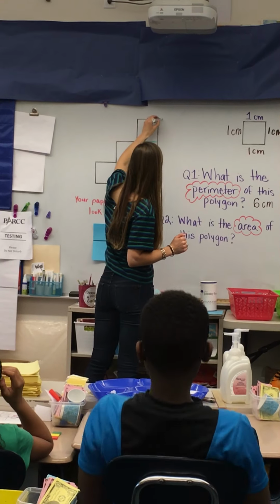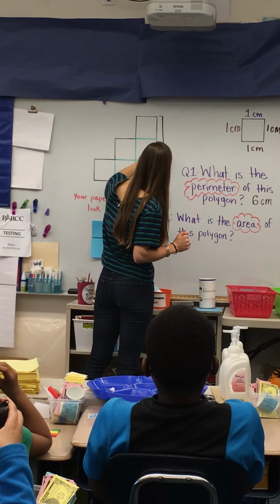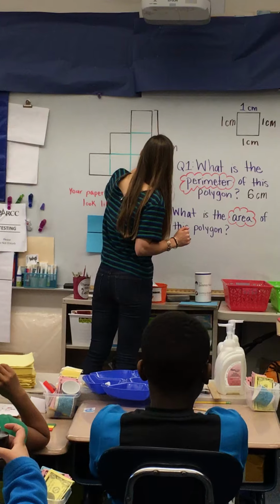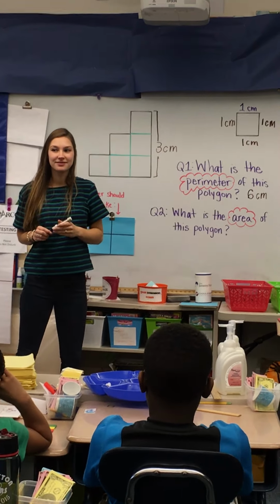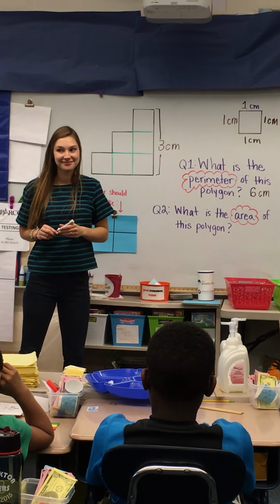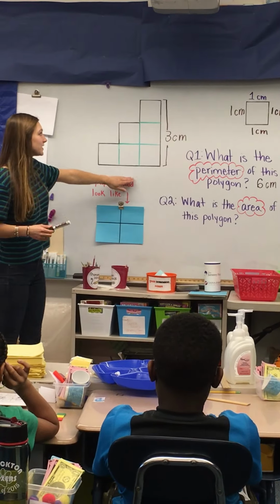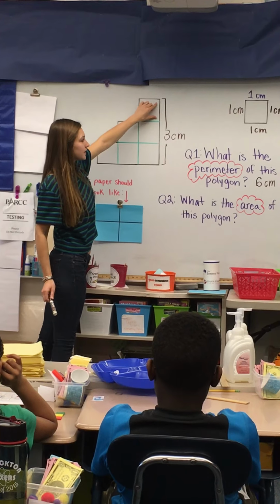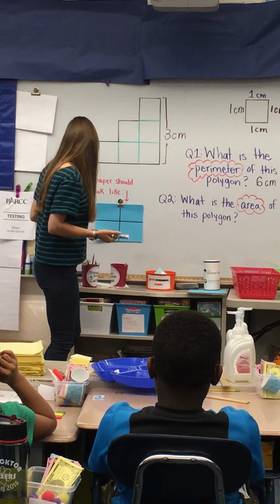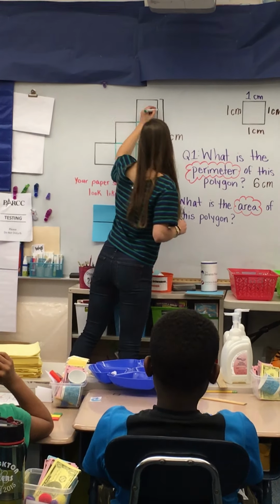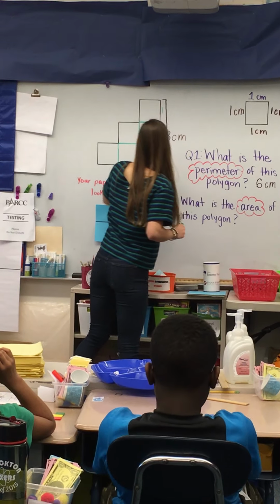So I could label this as 3 centimeters. That's 3 centimeters. Why? Because this is 1 centimeter, this is 1 centimeter, and this is 1 centimeter. So you could label them separately if you want and just put 1 next to each of them.